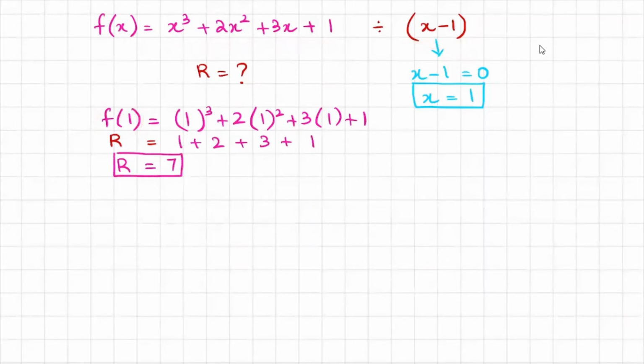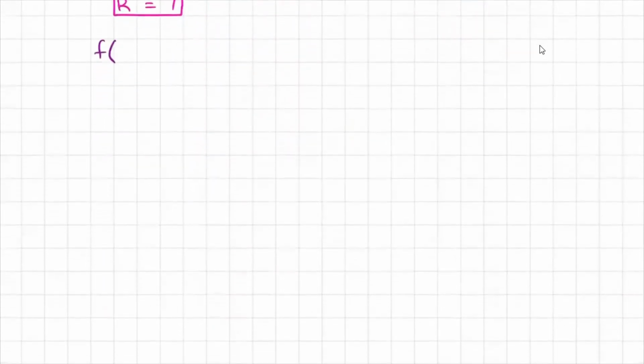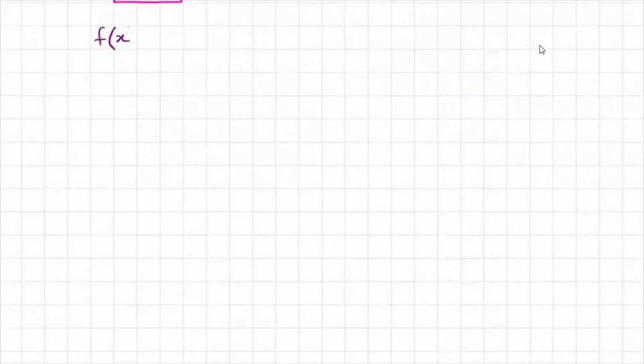All right. Now let's do a question on factor. This is a polynomial, f(x) equals 2x squared plus 3x minus 4, and this is being divided by x plus 1.